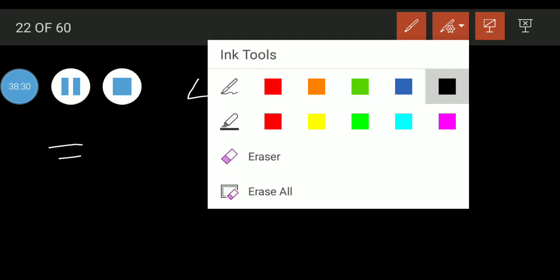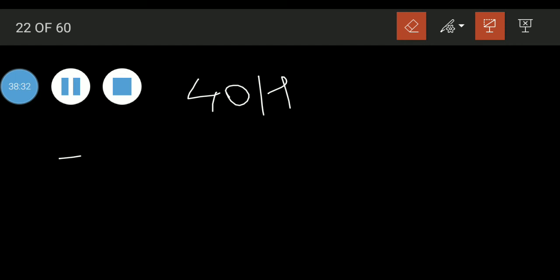It is 40H. First we will convert it into its original digits in binary format. In binary format it becomes 0 1 0 0 0 0 0 0.